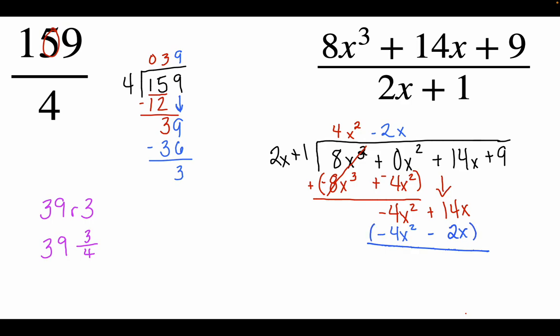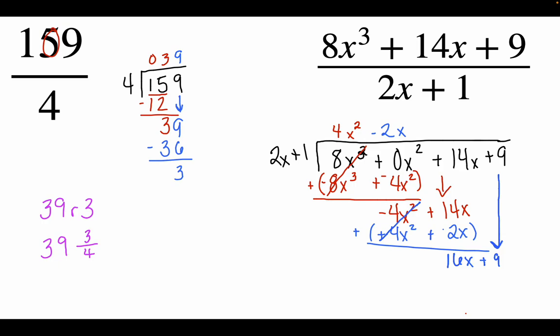Again, we're subtracting. I'm going to change it into adding the opposite, so those both become positive versions of themselves. These cancel, and I'm left with a 16x. And finally, bringing down my plus 9.